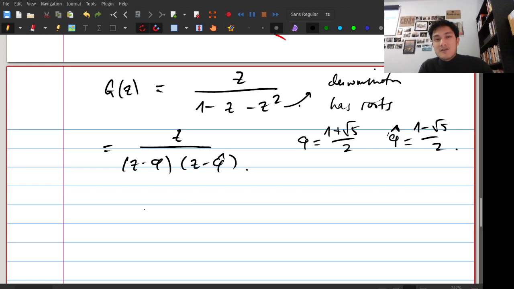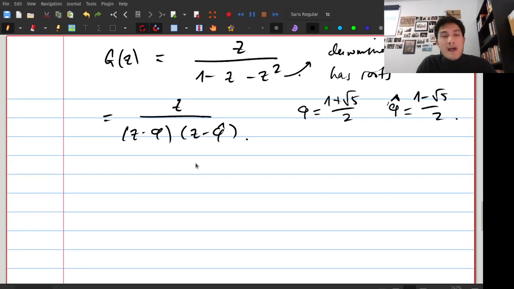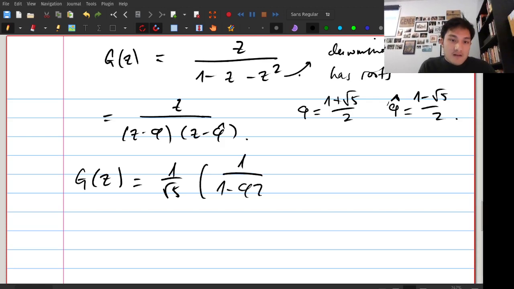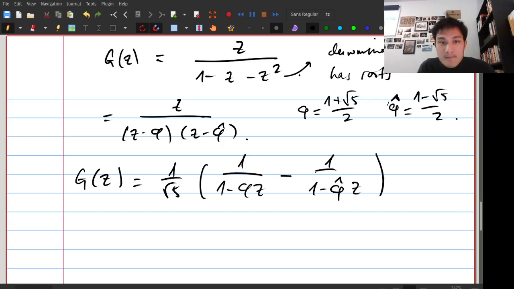Anyway, it factors into two linear polynomials, and there's a partial fraction decomposition that you can get. You just equate coefficients, and g of z turns out to be equal to 1 over square root of 5 times 1 over 1 minus phi z minus 1 over 1 minus phi hat z. Okay?